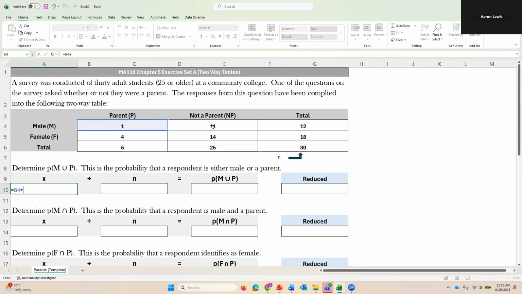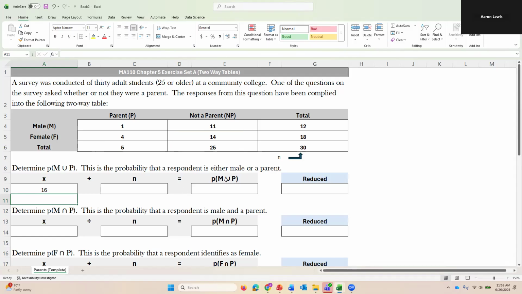So he's got to meet one. The 11 males that aren't parents are still identified as males, so they meet one of the conditions. And also, the four females that are parents, they meet one of the conditions. So the only people in the survey that aren't either male or a parent are the 14 females who are not a parent. So all in all, 16 people in the survey met the condition.